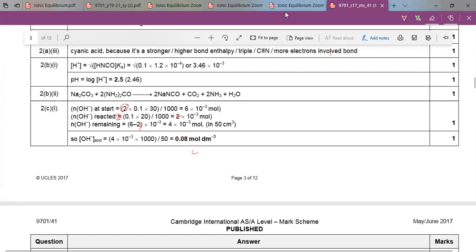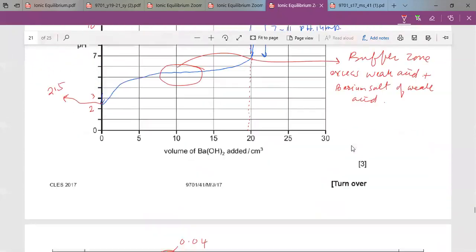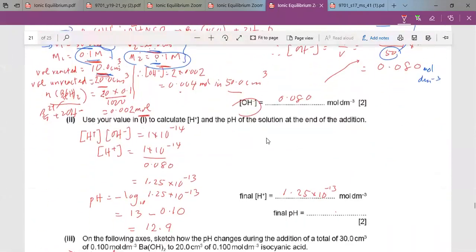Okay, now let's go to here. Now this is the concentration of OH minus, so calculate the pH at the end. Remember this is the OH minus at the end, when the excess is added.